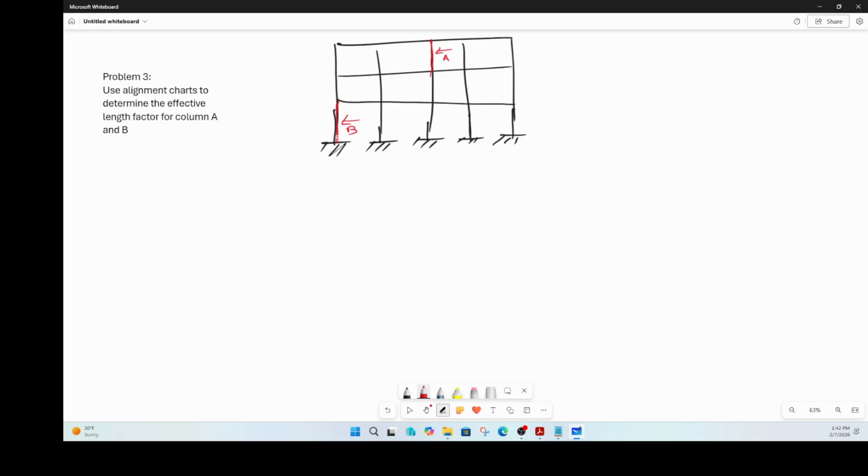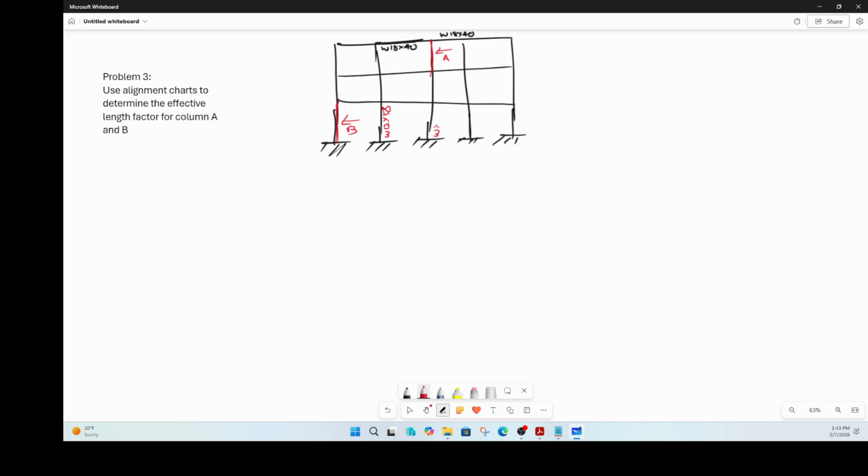Okay, and so the section property of that beam there is a W18 by 40. Same thing with this beam. This beam here is W18 by 40. Okay, but the column is W12 by 58. So let's say all these columns are W12 by 58, correct?